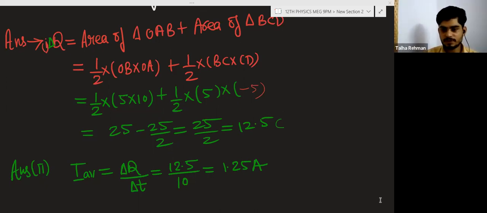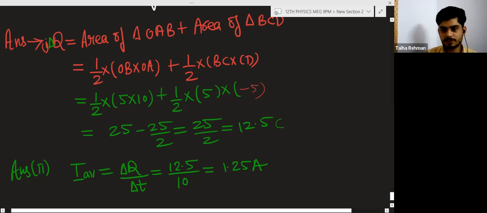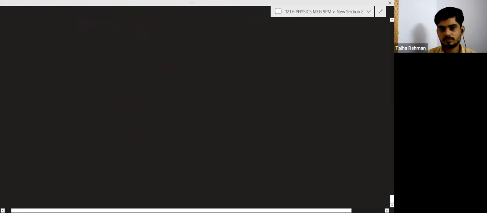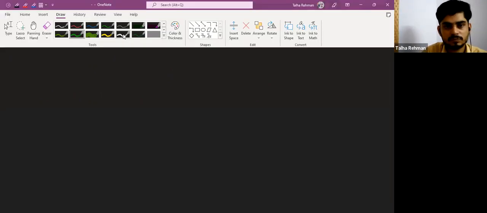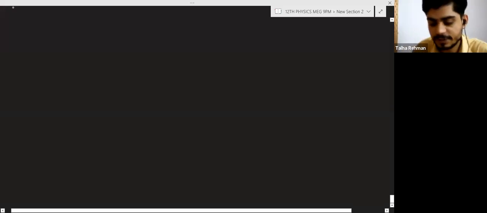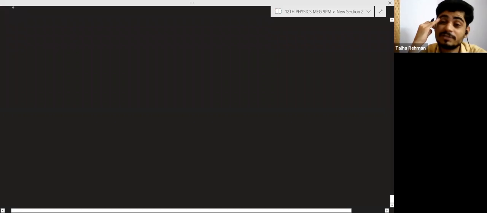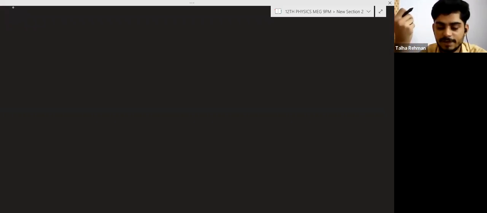Now we will study the drift. What is the drift velocity of electron? Drift velocity. In this, we will study how the current is formed in a conductor.